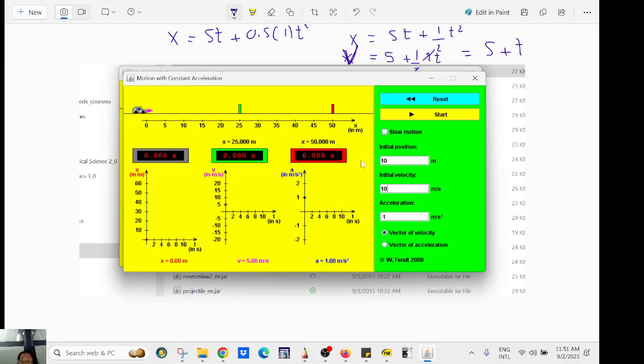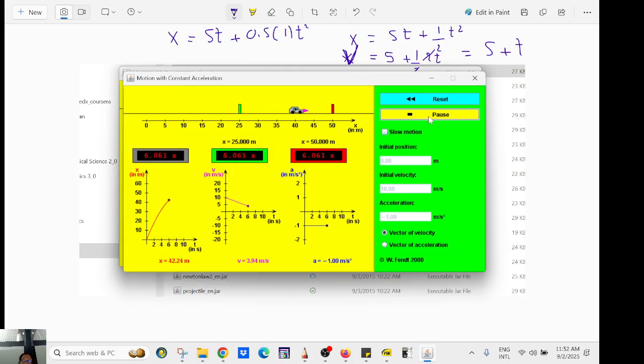That's going to be 0. No, here. Okay, so what's happening here? Decrease. Do you all agree? The acceleration is negative. So the velocity will decrease by 1 every second. Right? So 10, 9, 8. So it's going to slow down, slow down, slow down.